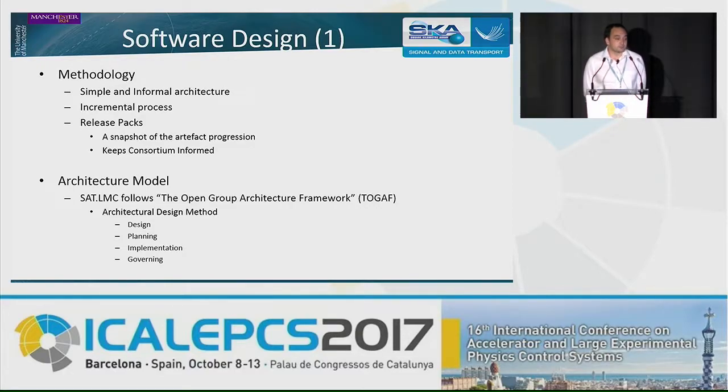Now, an area I'm not too familiar with, and my colleagues more familiar with this, is that SAT-LMC follows the Open Group Architecture Framework, more commonly known as TOGAF. We've only concentrated on one side of the model, and that constitutes the design, planning, implementation, and governing.